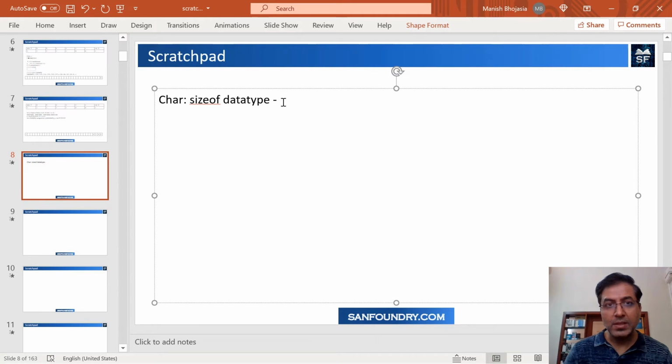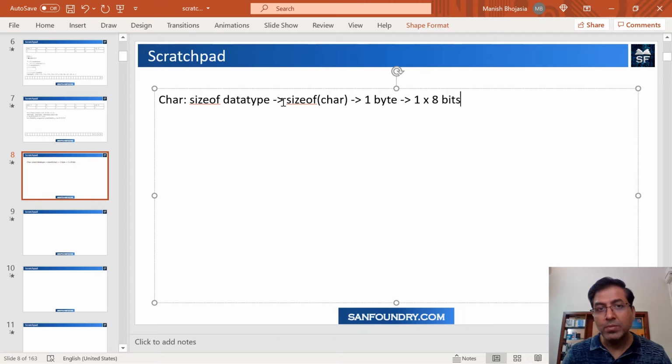The size of a character is 1 byte. So if you have 1 byte of data, how much information can we store? It is 1 into 8 bits. So it boils down to the size of the character, which means the number of bytes into 8 bits. When you really see this, we are looking at 8 bits of information.